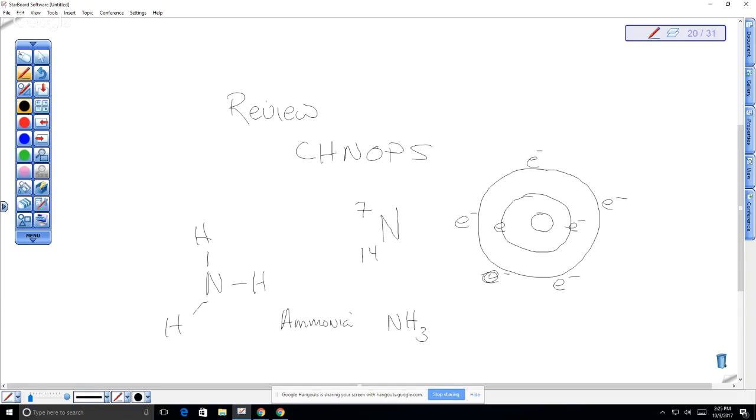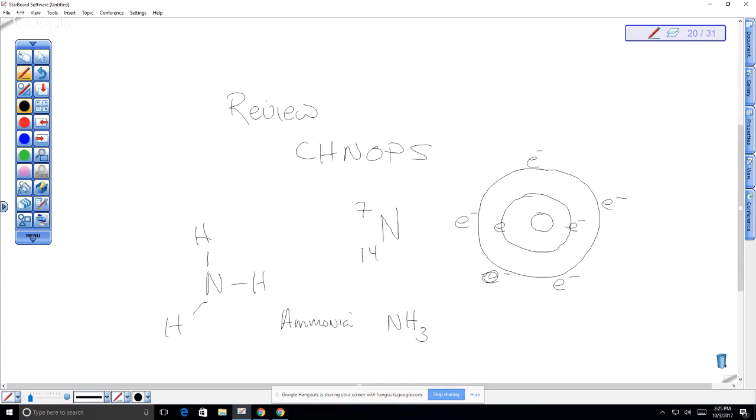Now, what do you think about this molecule? Is it going to be polar or non-polar? Which one is stronger? Which one has more protons? Nitrogen or hydrogen? Hydrogen's got 1 proton, right? So what's going to happen is that nitrogen is going to draw the electrons towards itself, right?